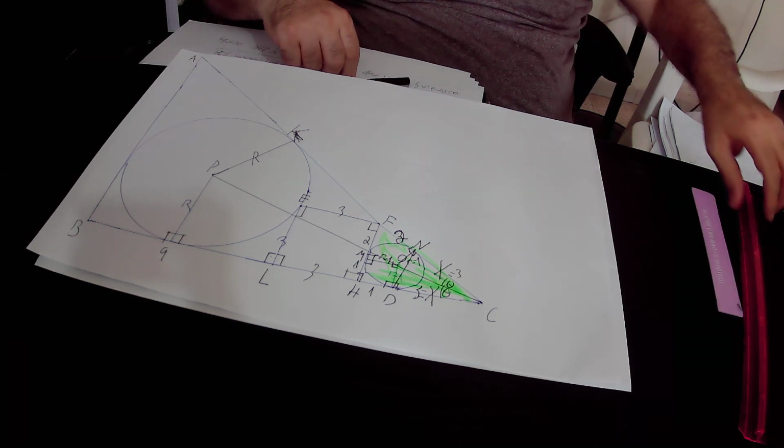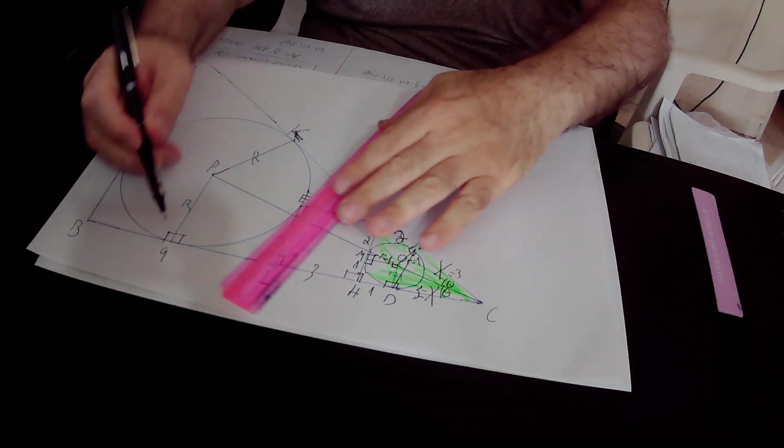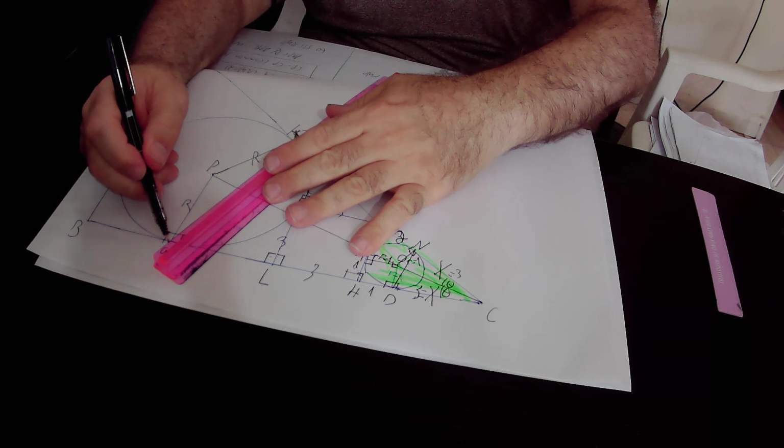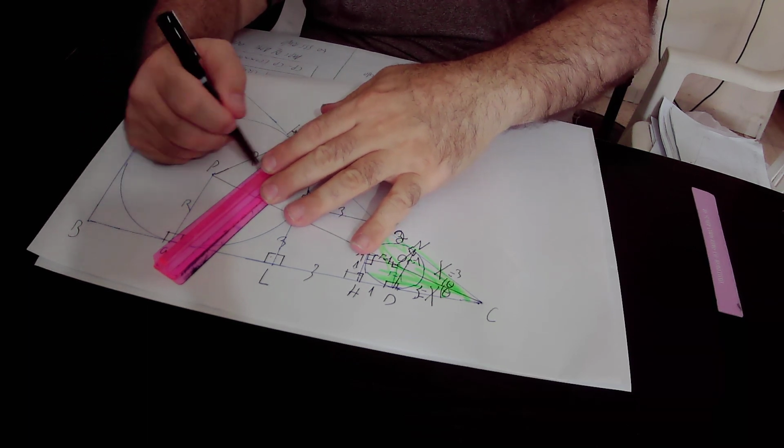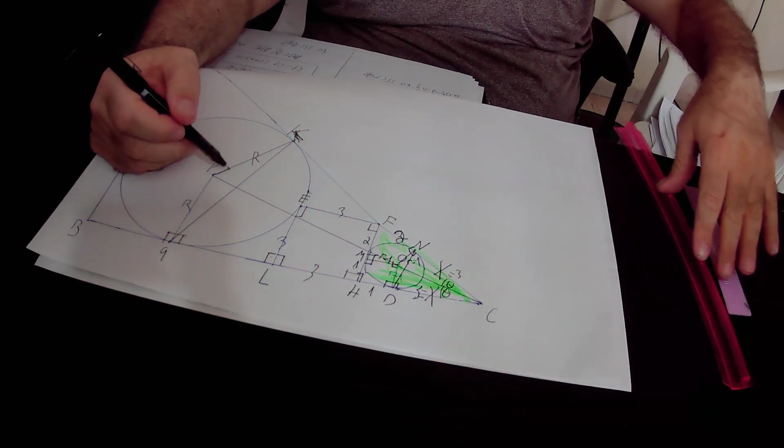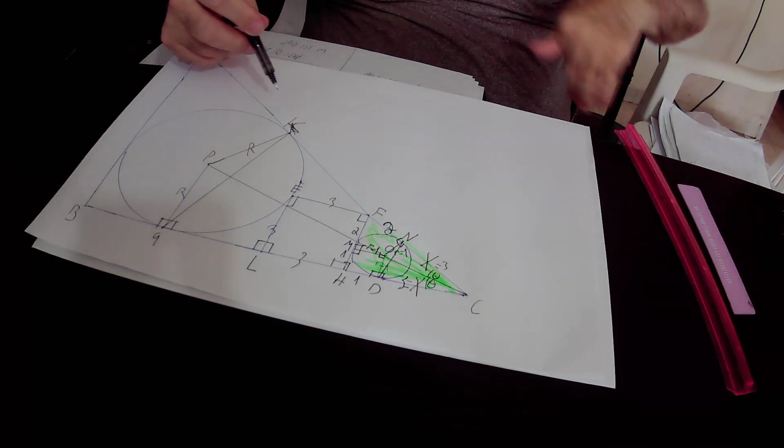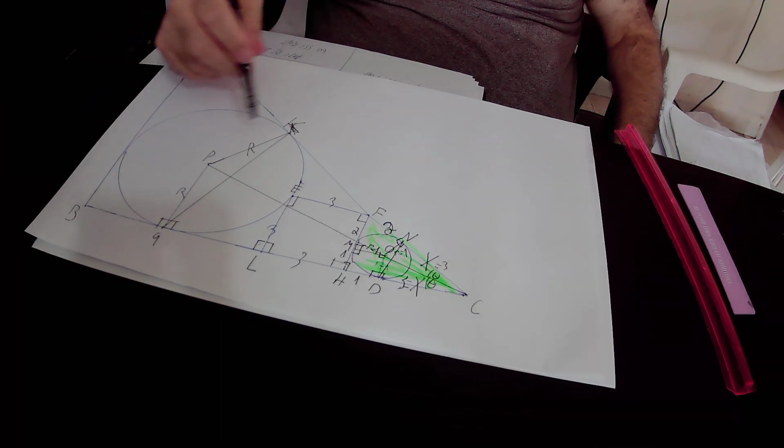In the next step, we join points K and Q together by a straight line. By joining points K and Q together by a straight line, we created here triangle KQC.